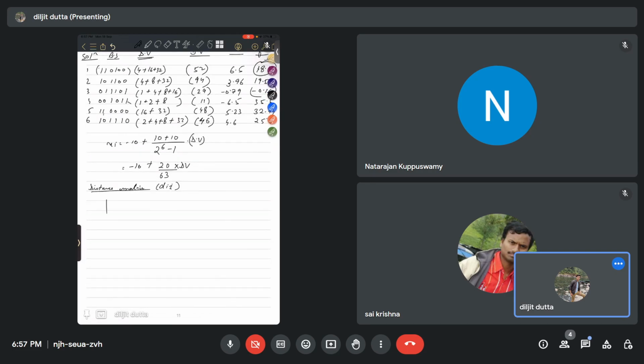Suppose 6.5, 3.96, minus 0.79, minus 6.5.